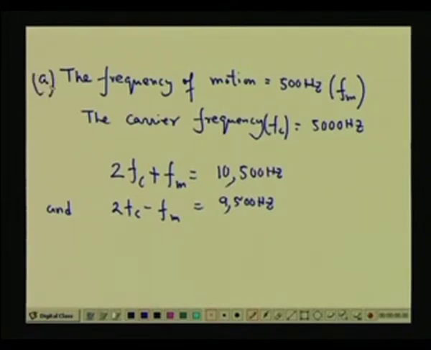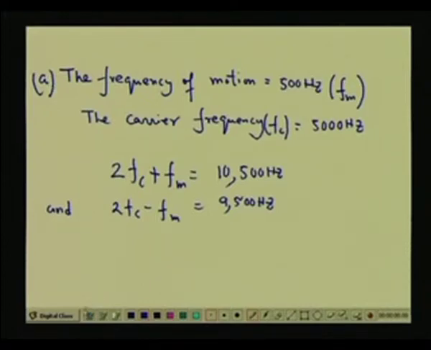Now, let us look at part B. In part B, we are asked to design a low pass filter for the above application, and also calculate the value of the resistance R of the phase sensitive demodulator circuit as shown in the figure. Let us go to the figure, so it will be more clear.